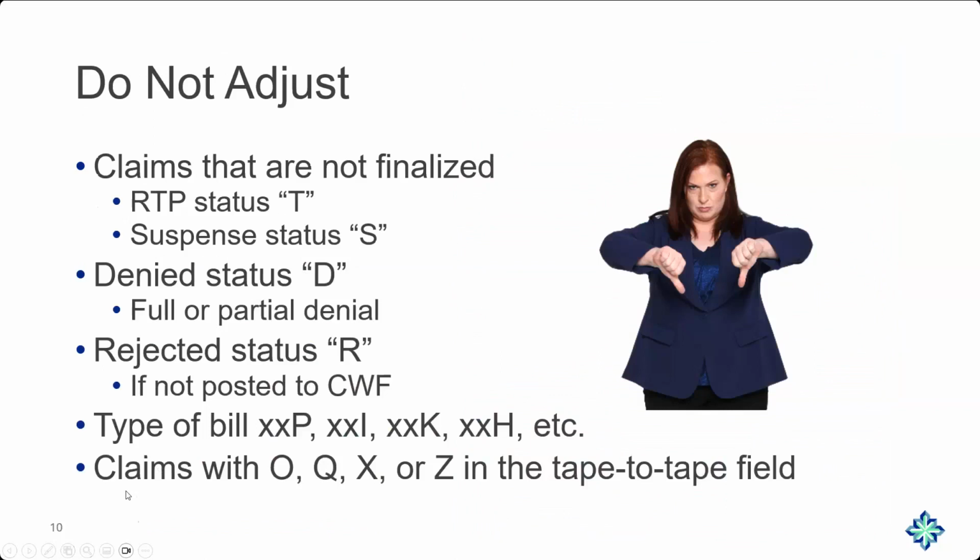All right, here we go. So if there is an O, a Q, an X, or a Z in the tape to tape, it did not post to Common Working File, and you should be able to send a new claim.